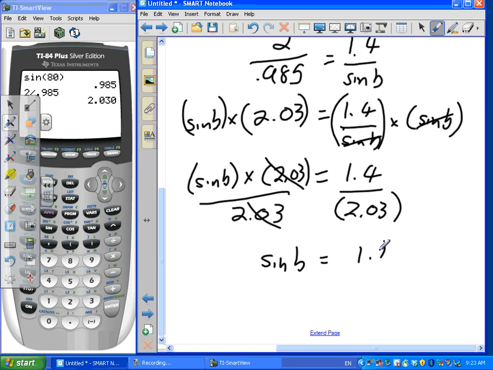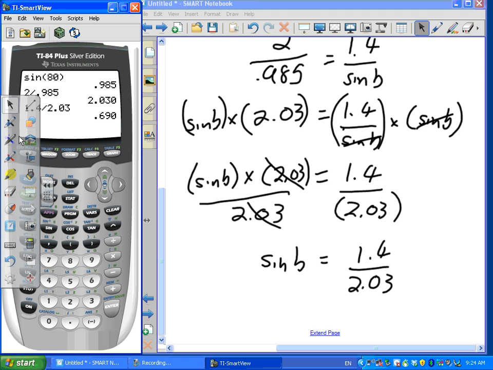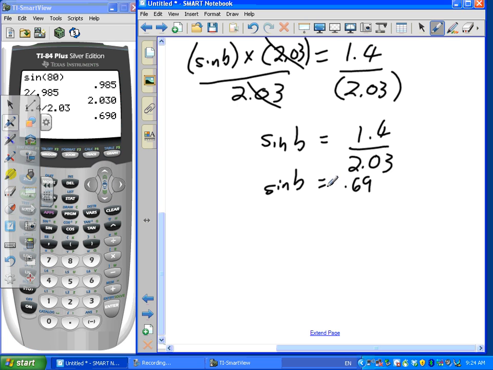Sine B is equal to 1.4 over 2.03. Sorry. Sine B equals 0.69. Not finished though. I'm actually looking for the angle. So angle B itself. This is where I told you guys you have to move the ratio sign. So sine over to the other side.